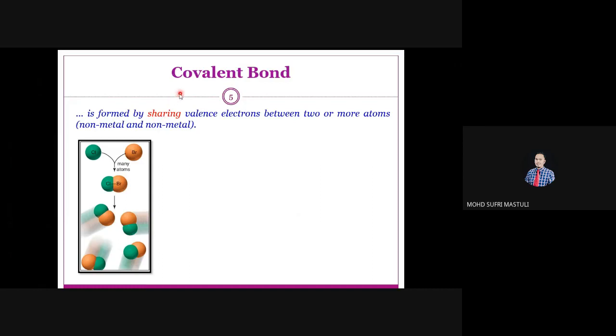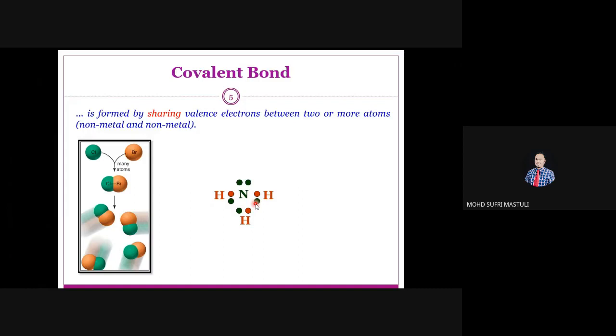If the ionic bond is transferring the valence electron from metal to non-metal, the covalent bond is formed by sharing the valence electrons between two or more atoms, between non-metal and non-metal. So this is one example of a covalent compound, which is ammonia, NH3.